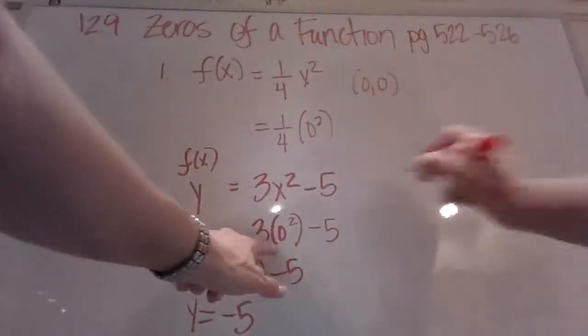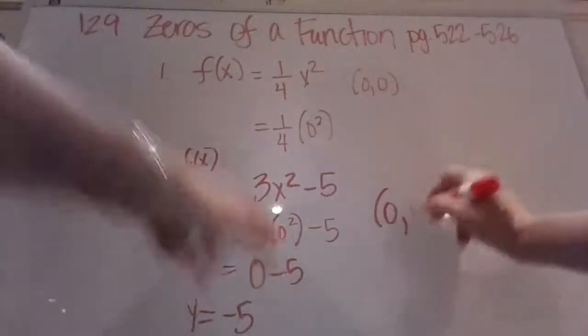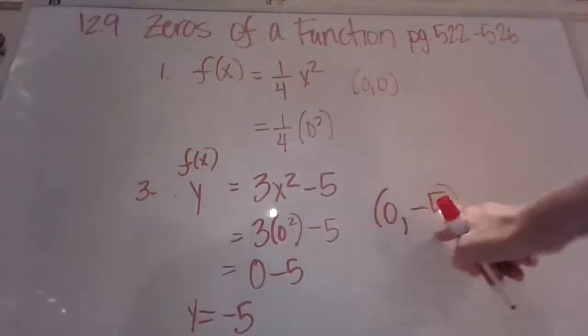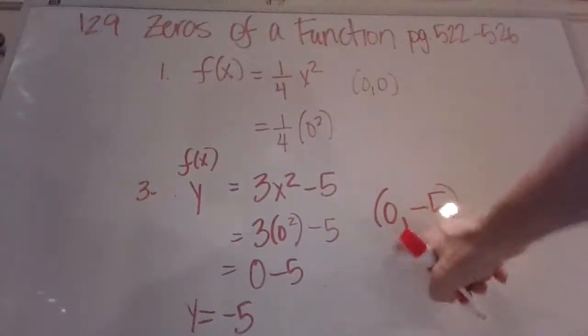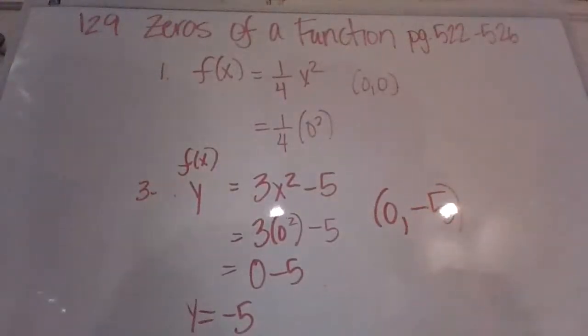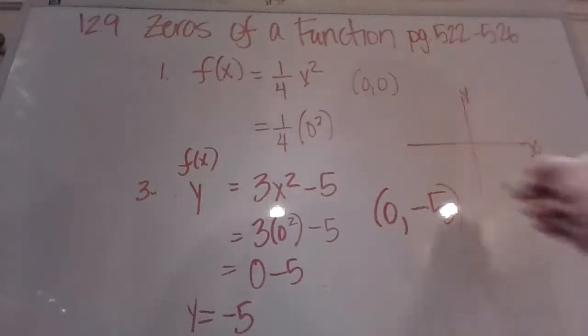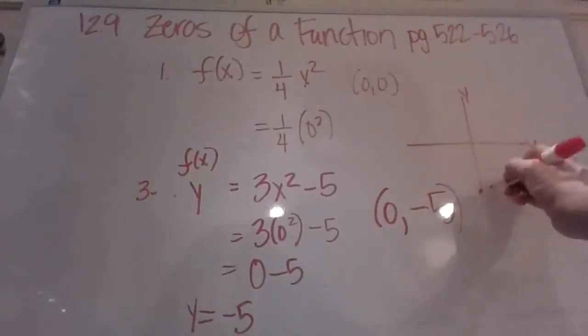I made x 0. My point is 0, negative 5. So this is my y-intercept. That means on the y-axis, here's our x and here's our y-axis, that is where it would intercept, at 0, negative 5, down here.